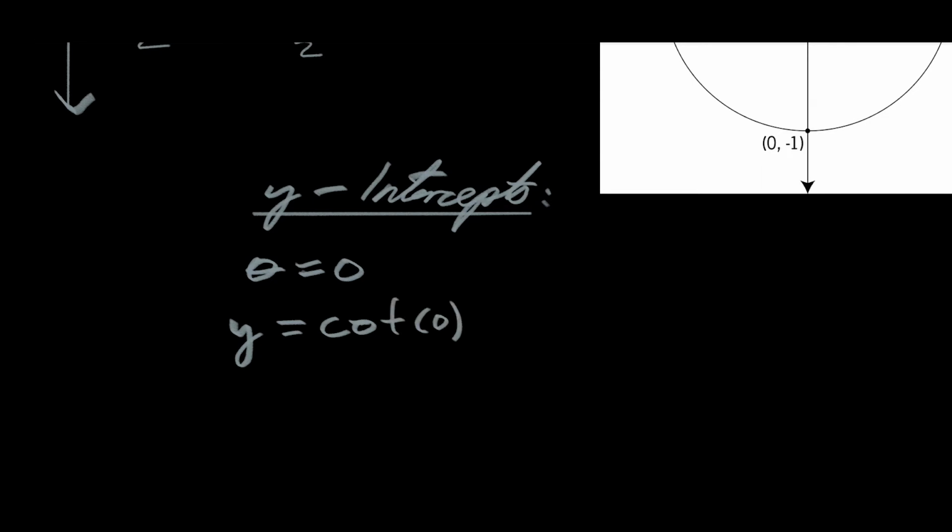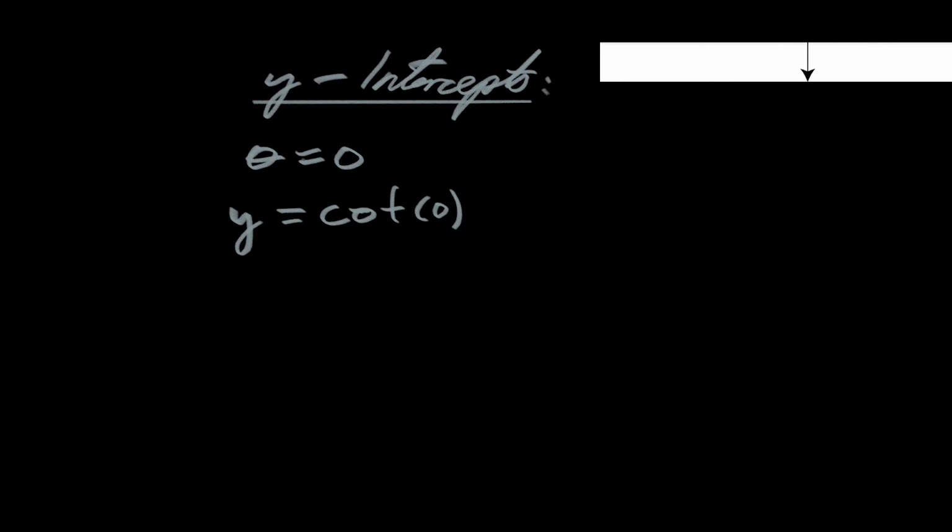Because all of our values for theta have to go through the cotangent function, and if 0 is just one of the values for theta, then 0 has to go through the cotangent function, okay? But y is just the output variable of the cotangent function. So there has to be some value for y equal to the cotangent of theta. That's if theta can take the value 0.